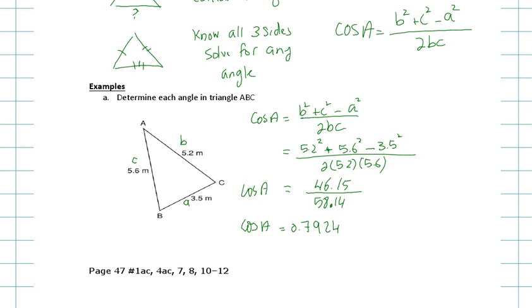Now, when you get to this point, what do you have to do? The second shift. So it's the cosine inverse on your calculator. When you get to this point, you should be able to find the second or the shift, and then you do cos inverse of that answer, 0.7924.